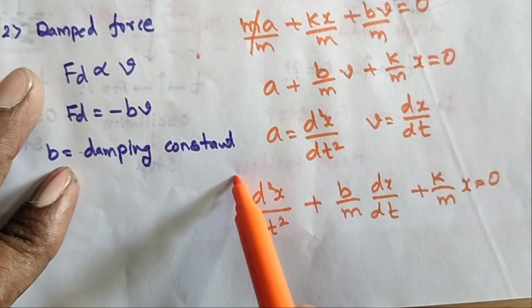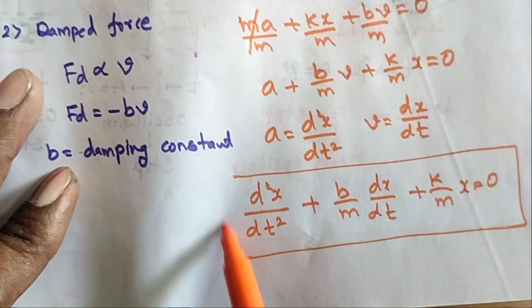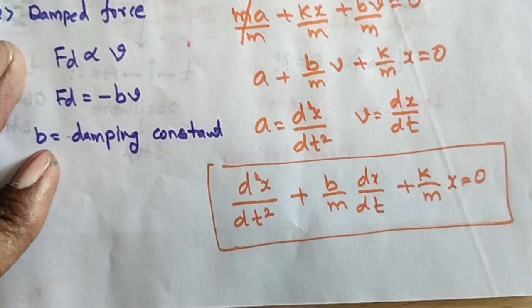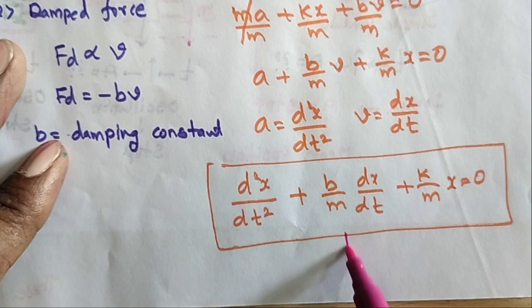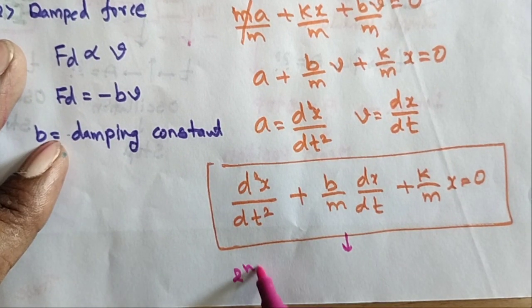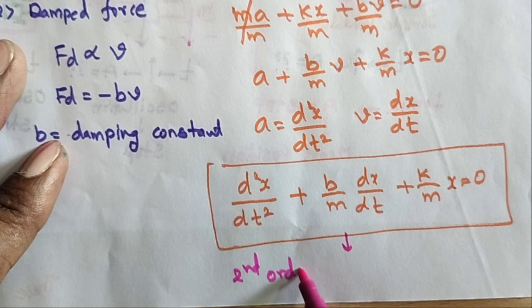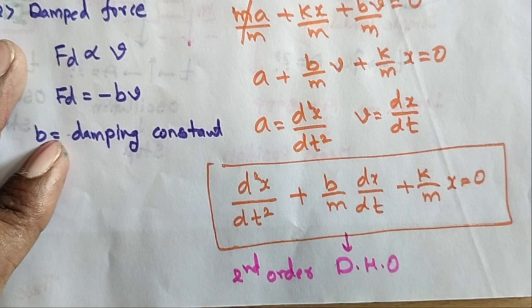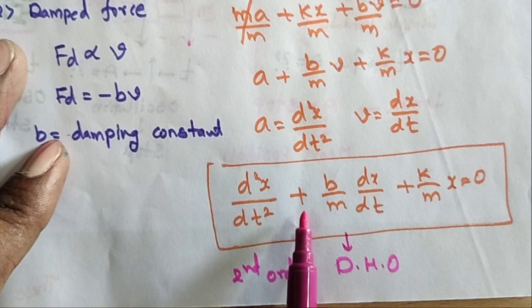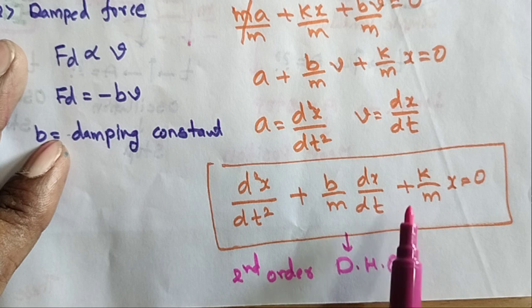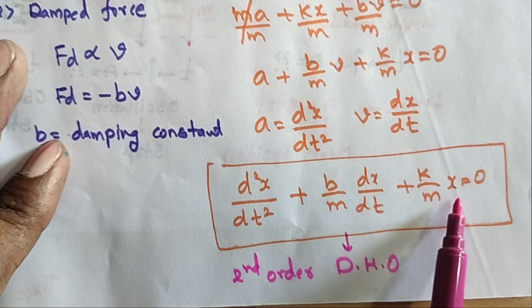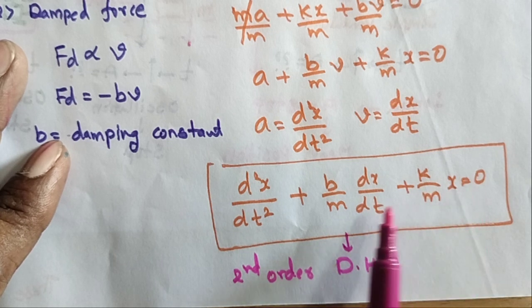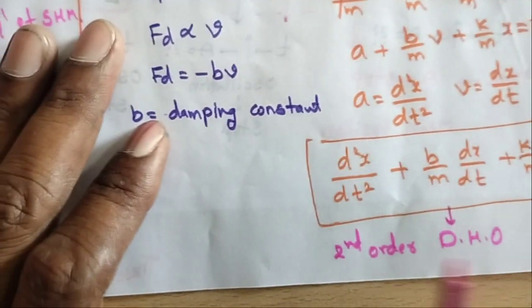This equation is called the second order damped harmonic oscillation equation, a second order equation.